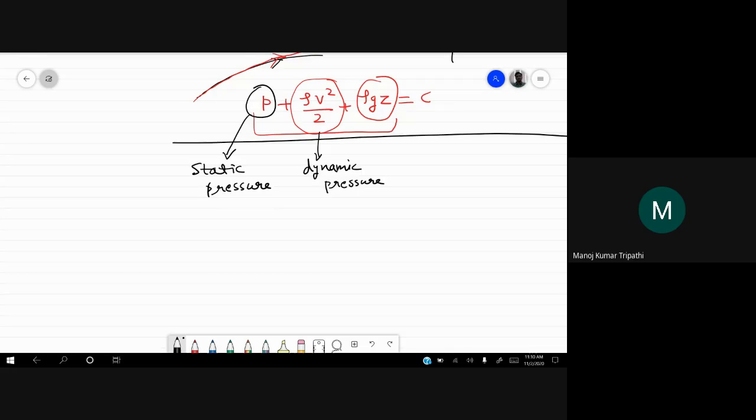And this is also a kind of pressure. We can call this gravity head, or pressure corresponding to gravity.